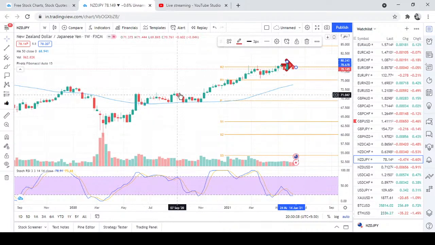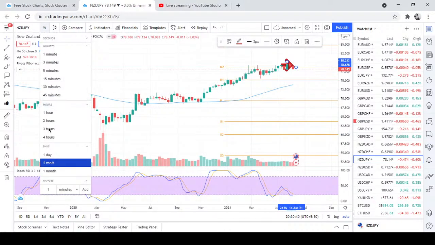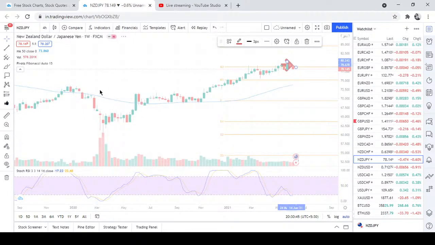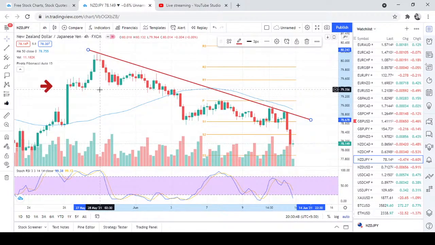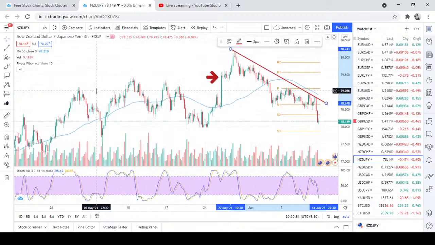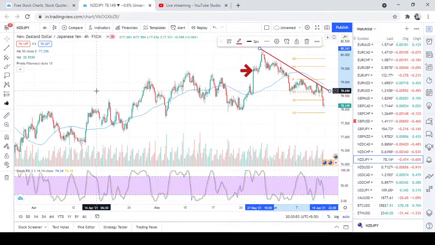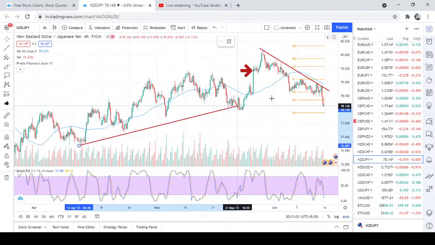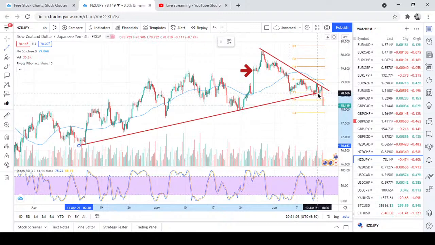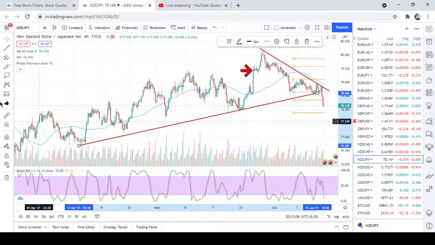The overall time frame is very much bullish, but if we switch to the 4 hours time frame, overall, according to me, this chart does not look good.